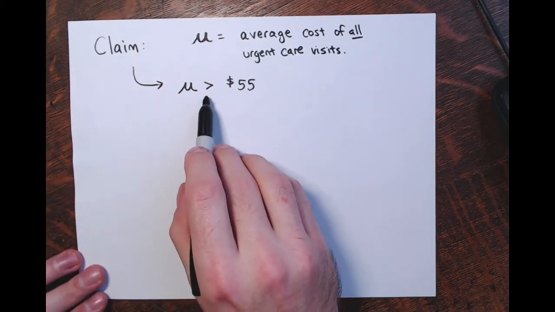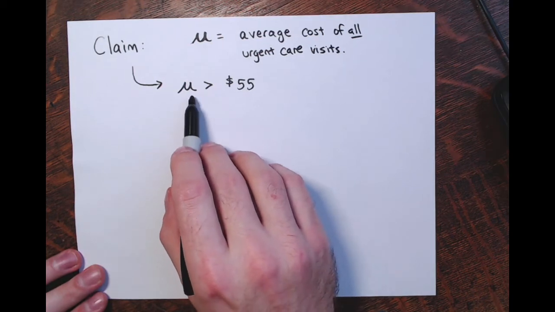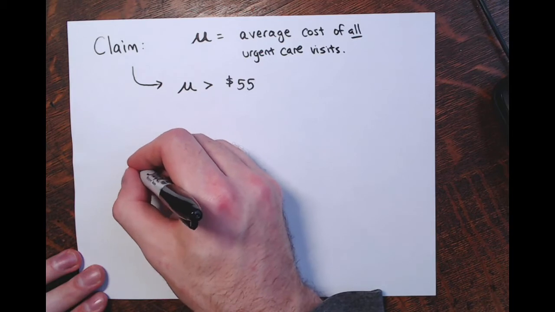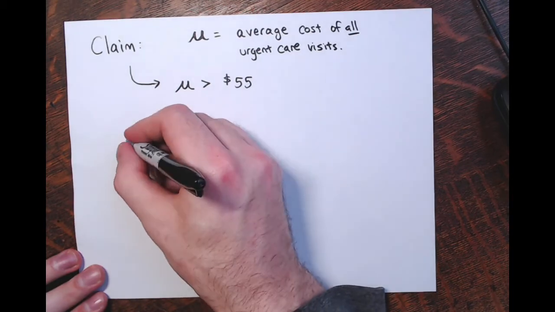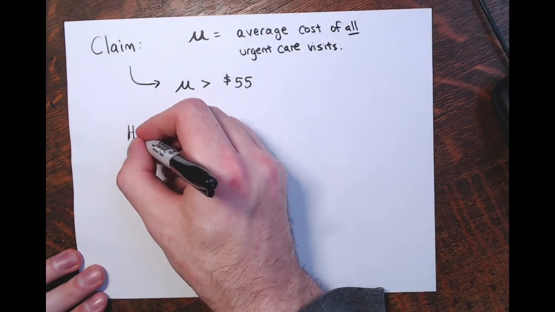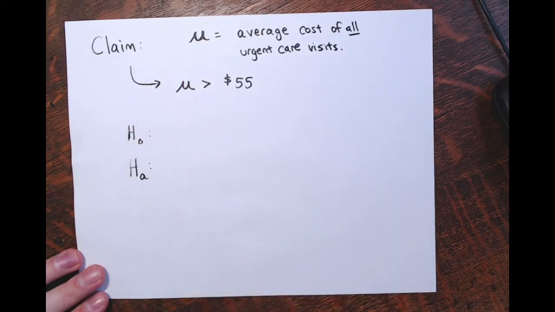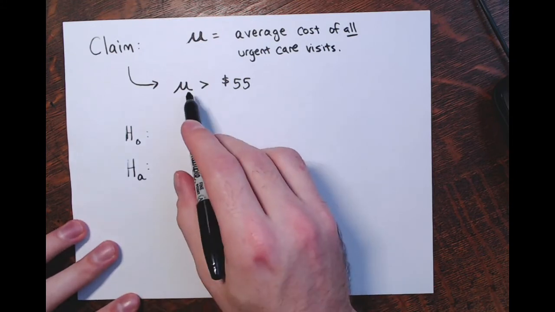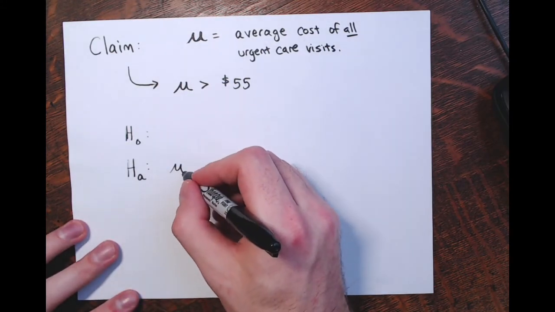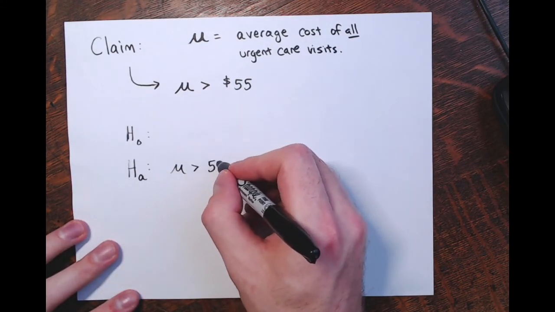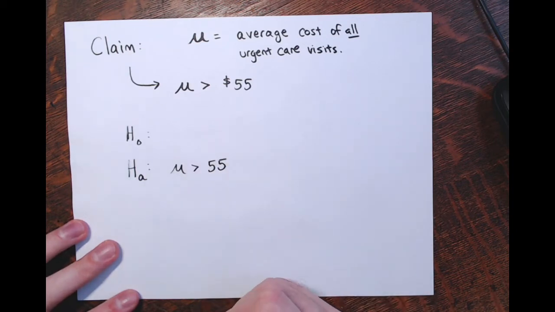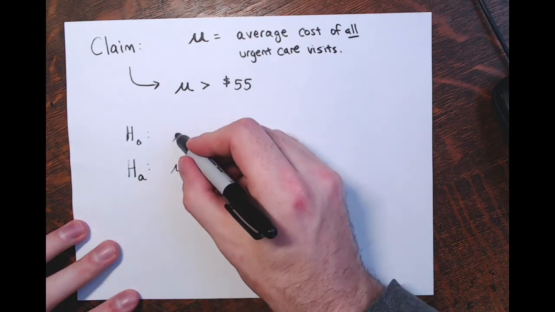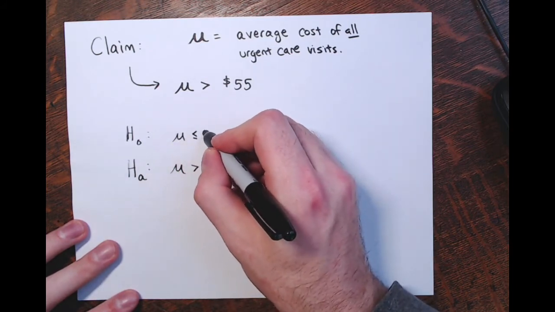Now this does not involve equality, so this will be represented by the alternative hypothesis. Then you set up your hypotheses: null hypothesis H0 and alternative hypothesis HA. So I'll just put mu is greater than 55. And then remember, once one of these is established, the other one is the opposite: mu is less than or equal to 55.